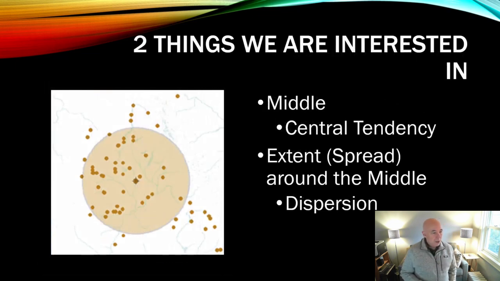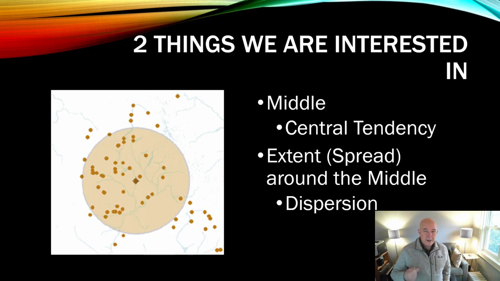So the two things I'm really interested in, and we'll talk more about this, are where the middle of the data set is, and the extent, the spread around the middle of the data. And I've used a map here to demonstrate that. So I've got a middle point right there. There's my middle.